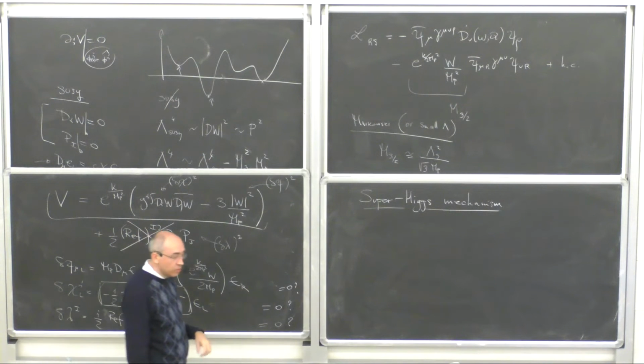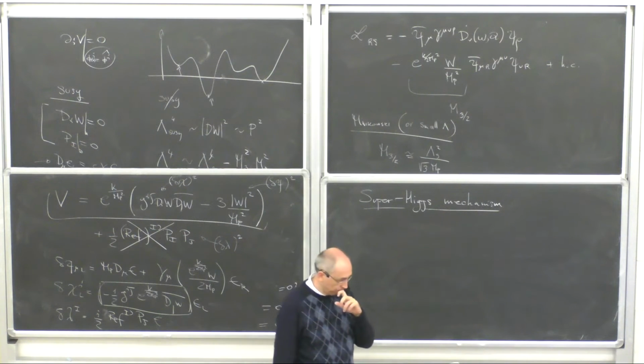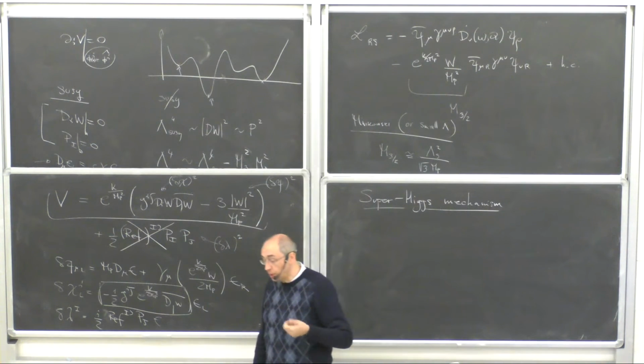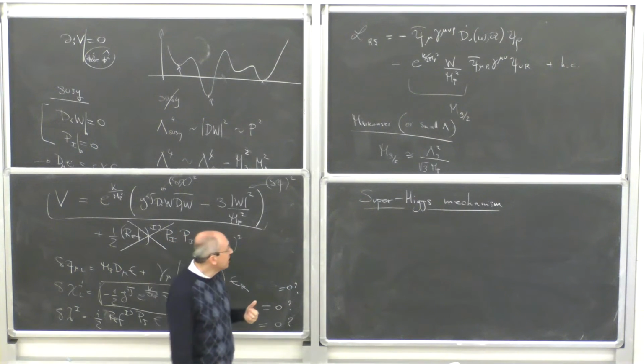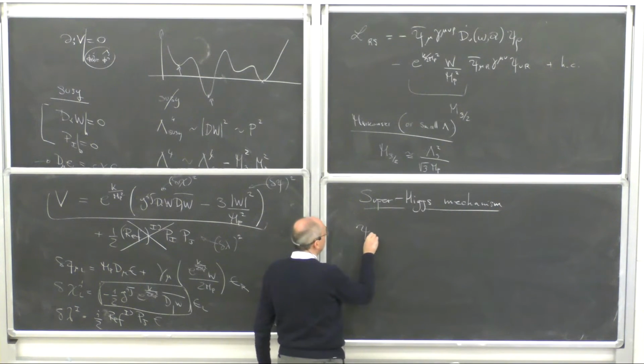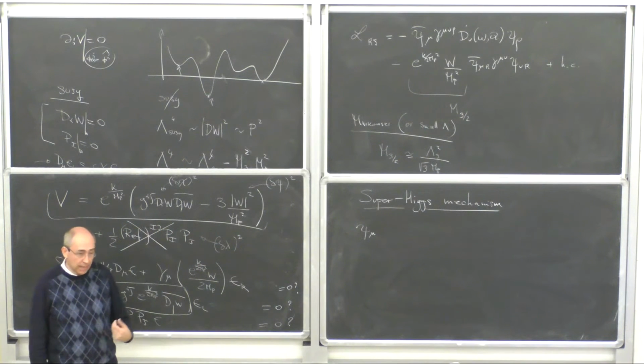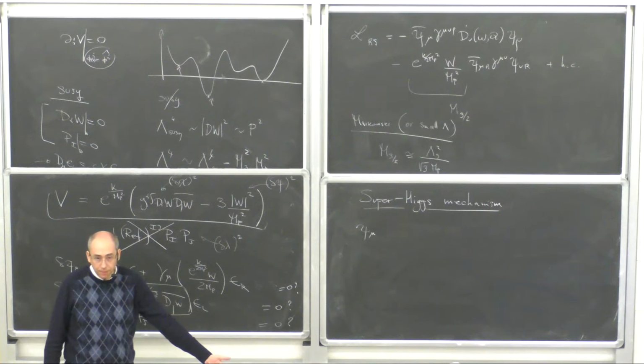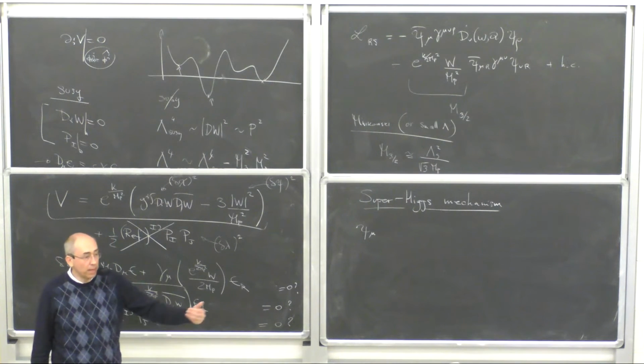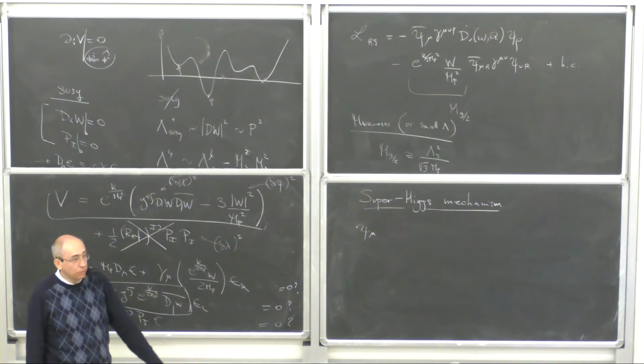And for what concerns the super Higgs mechanism, the thing that should happen is that the gravitino, which originally was a massless field, becomes massive. And it should incorporate additional degrees of freedom.